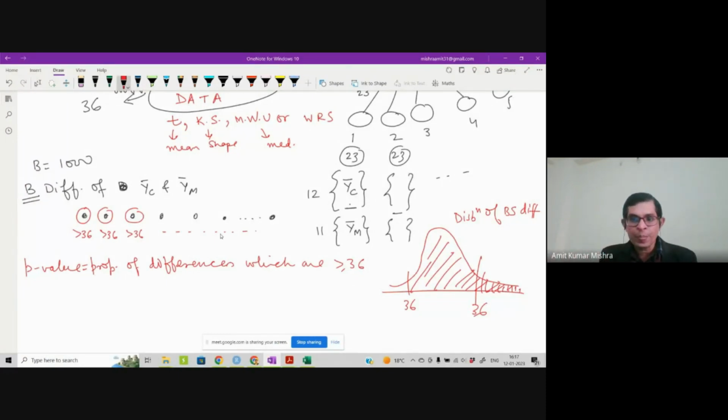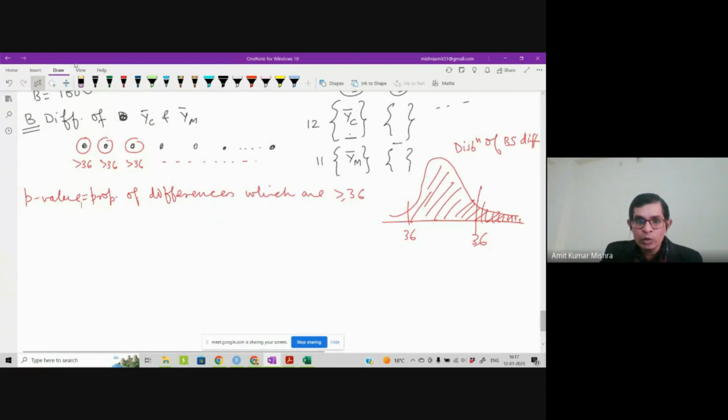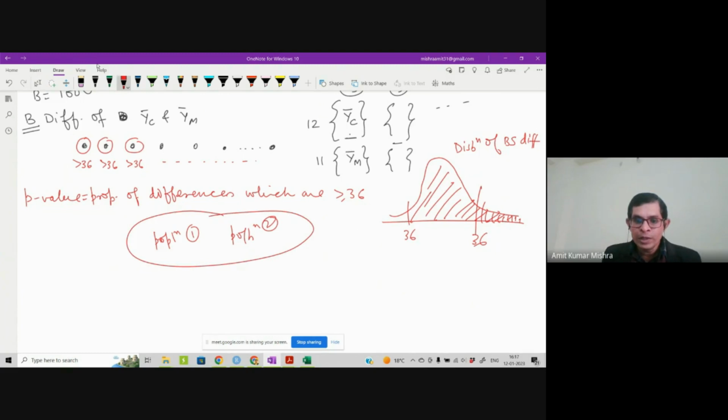I will summarize it once again. We have two populations, population 1 and population 2. We are getting data from this and data from this.